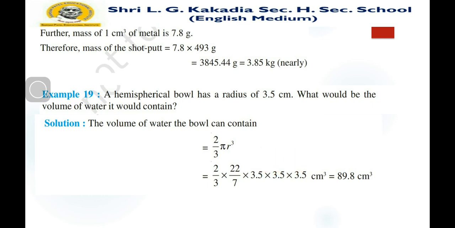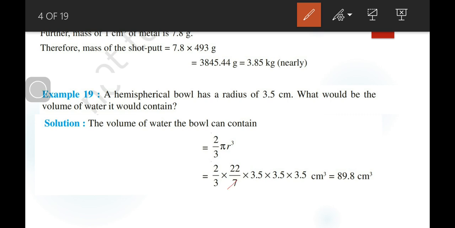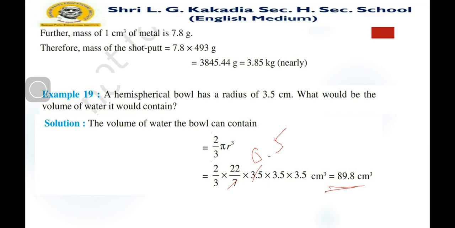If we divide 7 by 3.5, we get 0.5. After multiplying all these terms, at last we get the answer 89.8 centimeter cube, which is the required answer, and it is the capacity of the hemispherical bowl, and it would contain 89.8 centimeter cube of water in it.